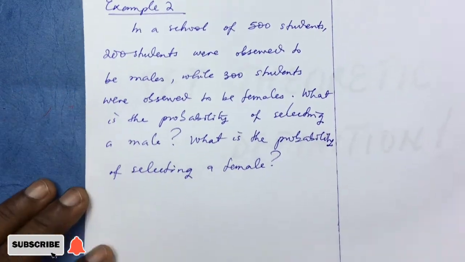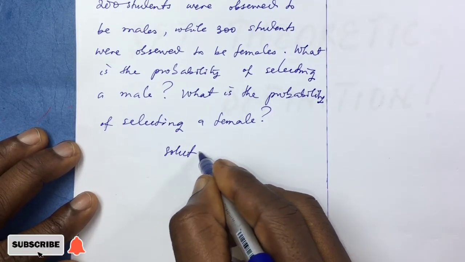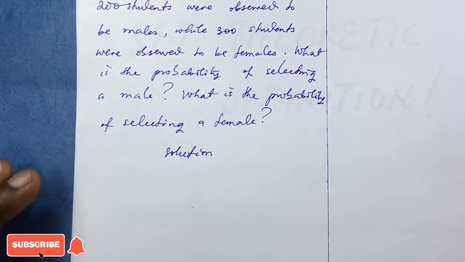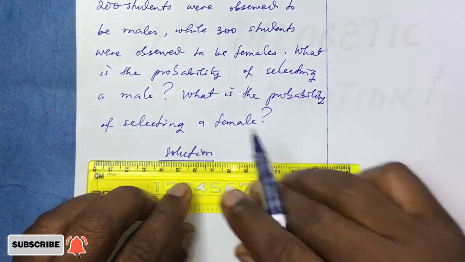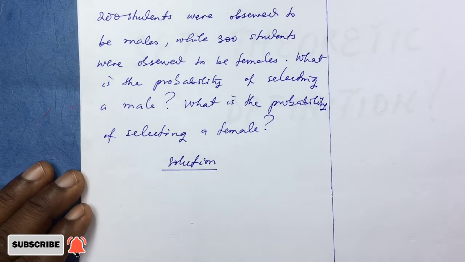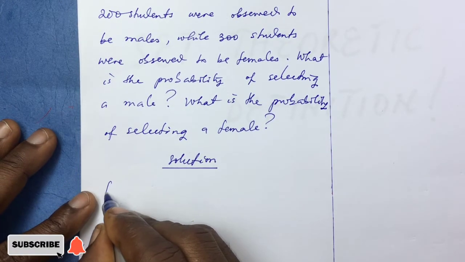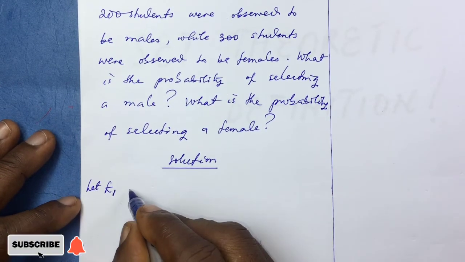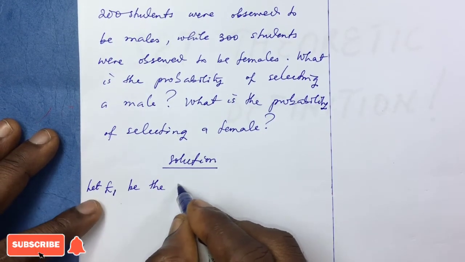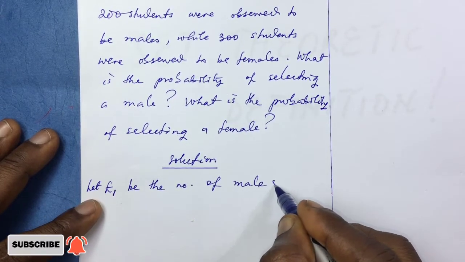Okay, so if we wanted to solve this problem, of course, we will be needing the relative frequency definition. Why? It is simply because we know the number of successes and we know the number of trials. Okay, so what we shall consider in this case is event E1.